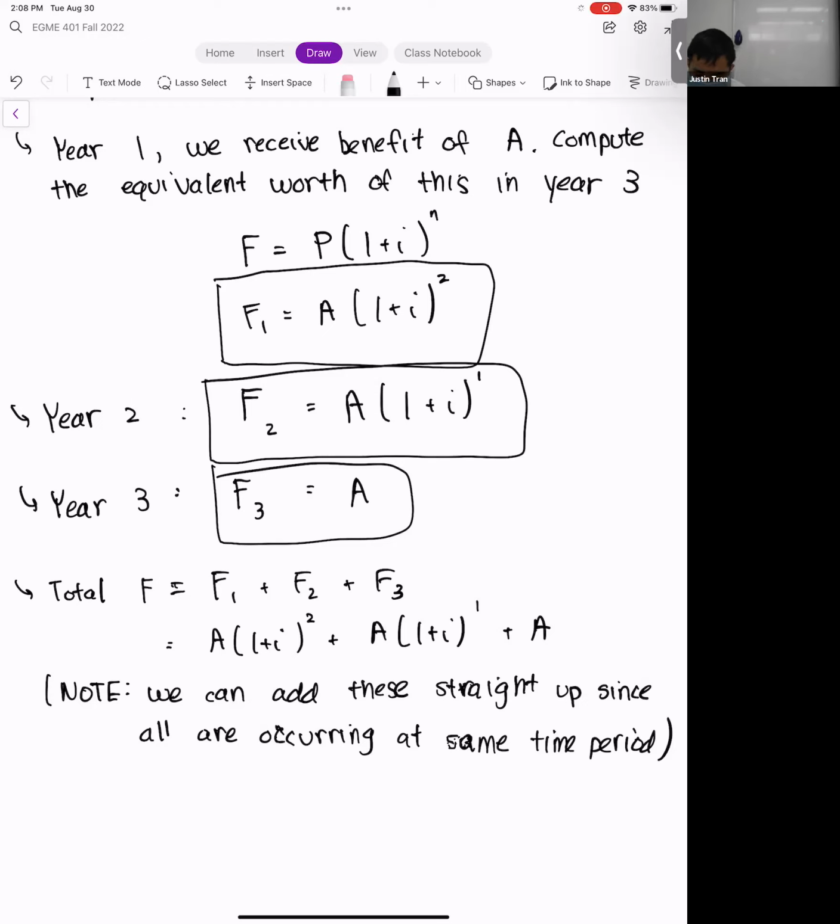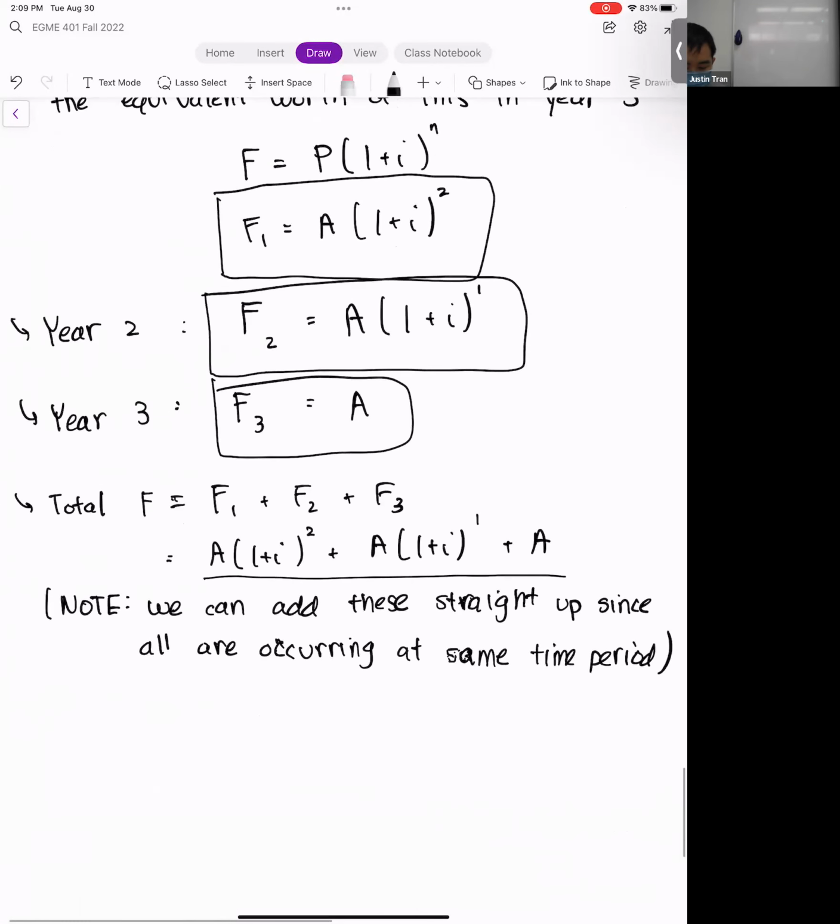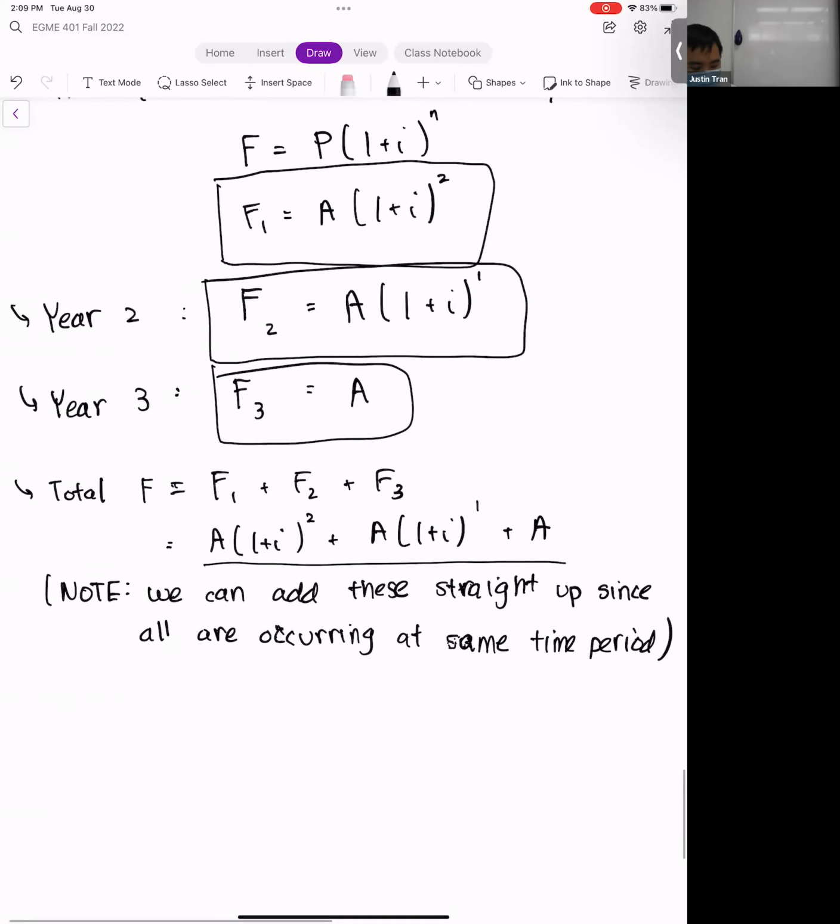All right, so this formula is not the final formula, and I'm just going to underline it. That's the formula that we get for this uniform series. Any other questions on how we got here? Okay. Of course, a uniform series can be more than just three instances, right? So we can go ahead and generalize this formula for n periods.